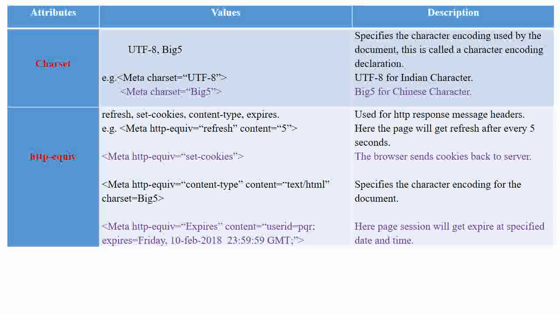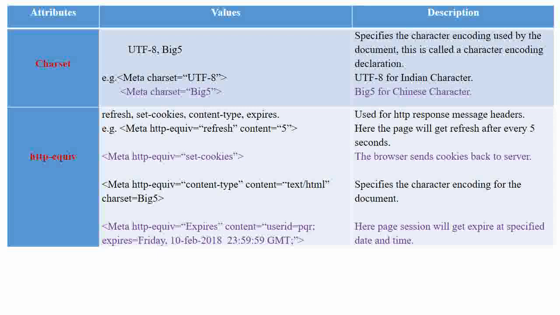Meta http-equiv equal to content-type, content equal to text/css, content equal to text/html, charset equal to big5. This specifies the character encoding for the document.